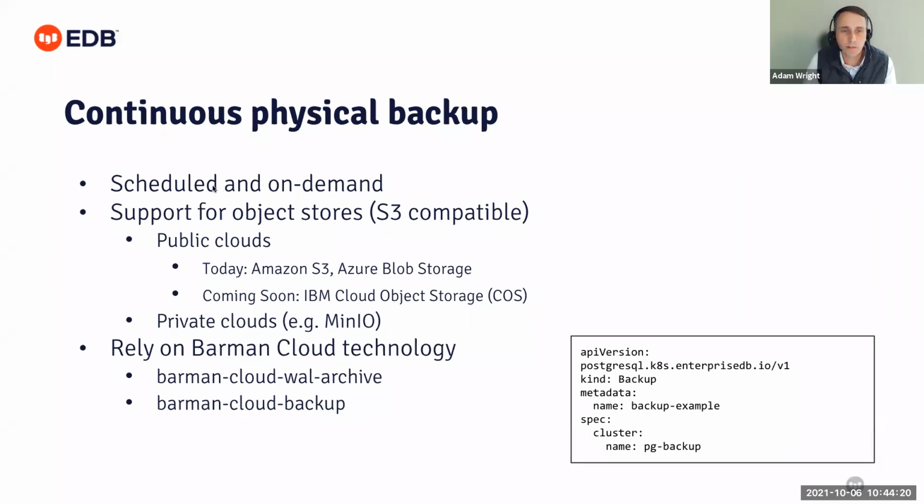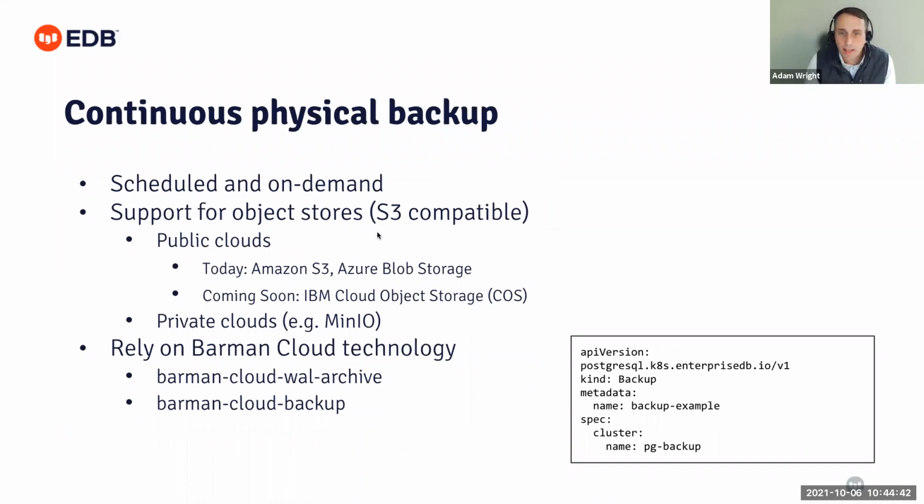Or you can put in your standard cron syntax to schedule backups to run as jobs every so often. So maybe once a day you take a full backup, and then we're going to use the WAL archiving that's set up automatically by the operator to be able to restore to a point in time after that full backup was taken.